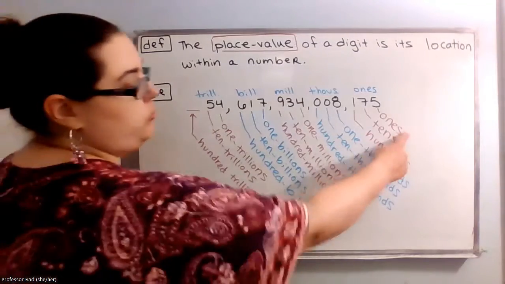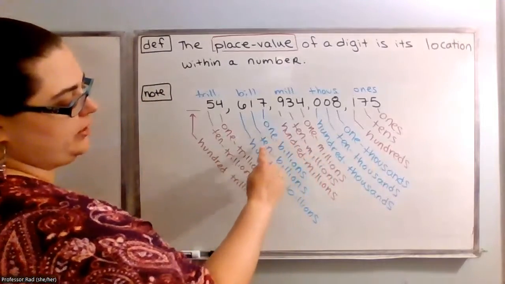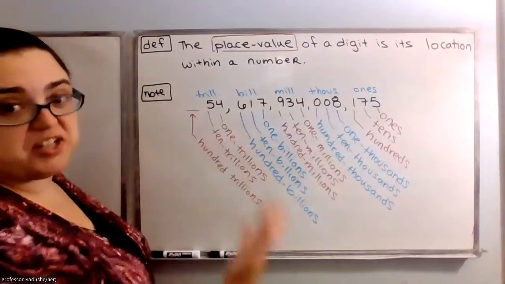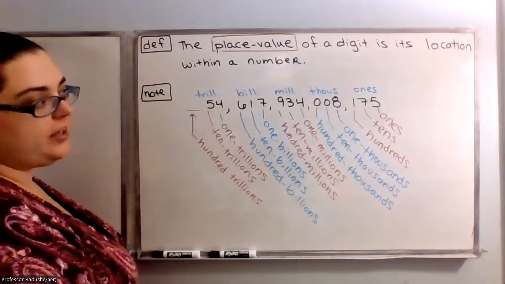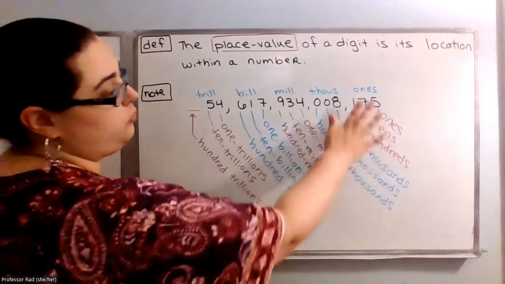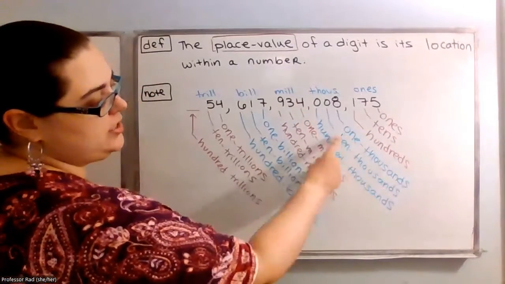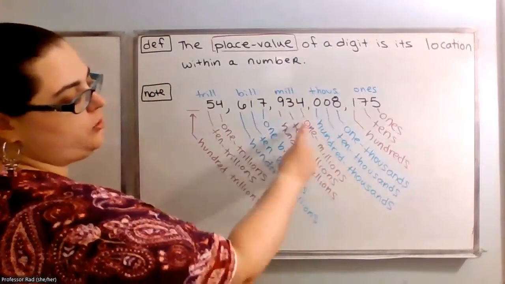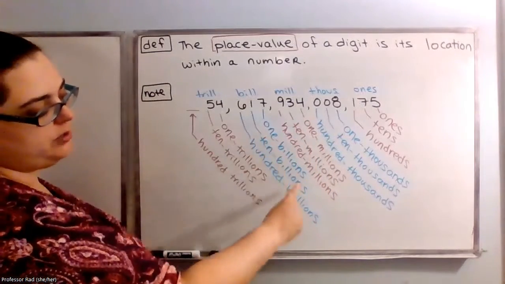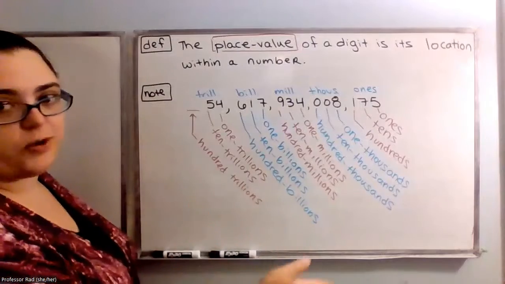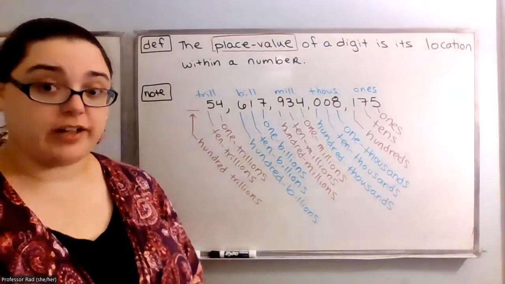The only thing that's different is we just slap the period name at the end of it. For the ones, they just stay alone. But then for the thousands, we have 1,000, 10,000, 100,000, 1 million, 10 million, 100 million, 1 billion, 10 billion, 100 billion, and so on. So these are how we identify the place values.